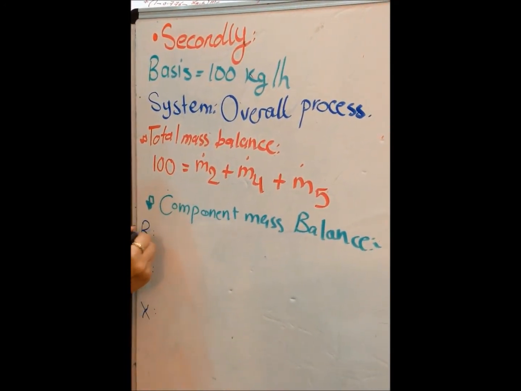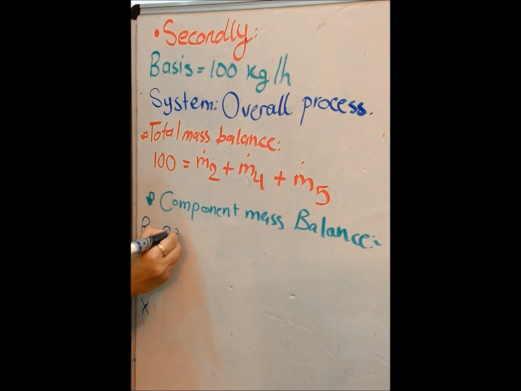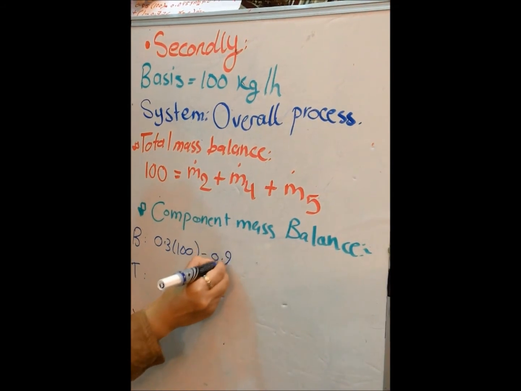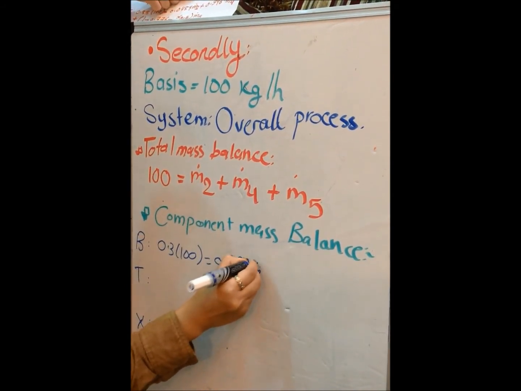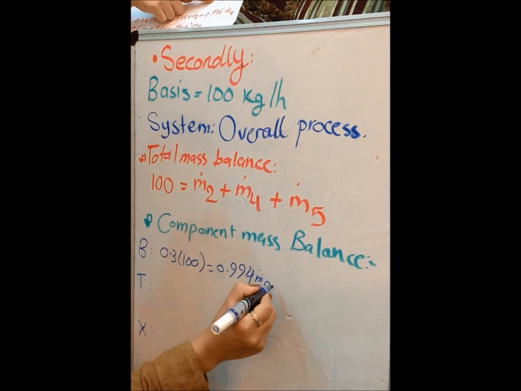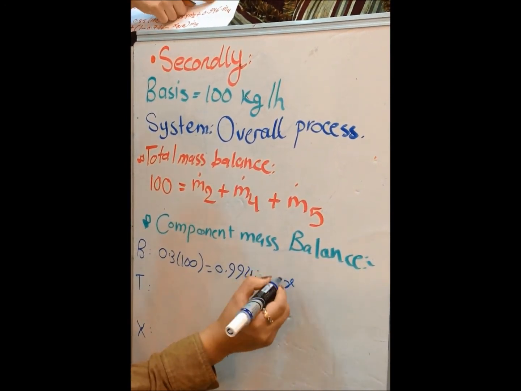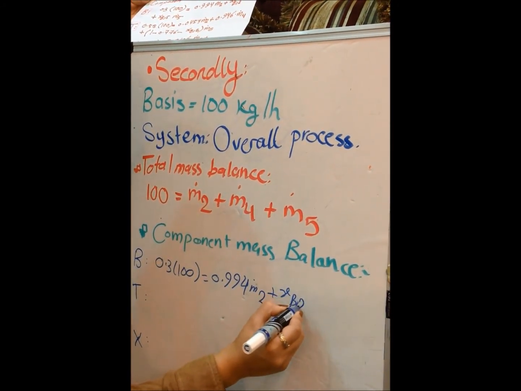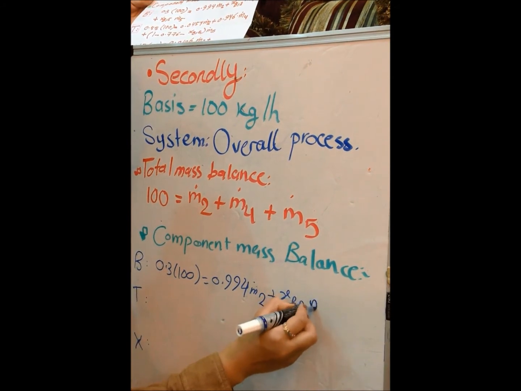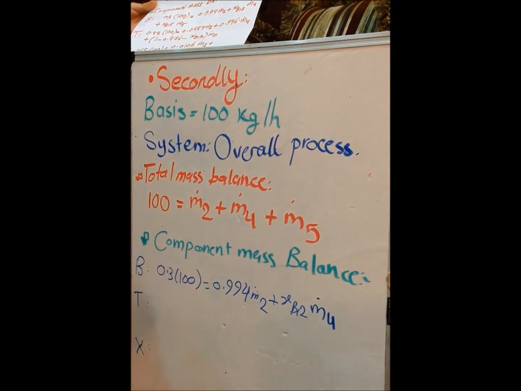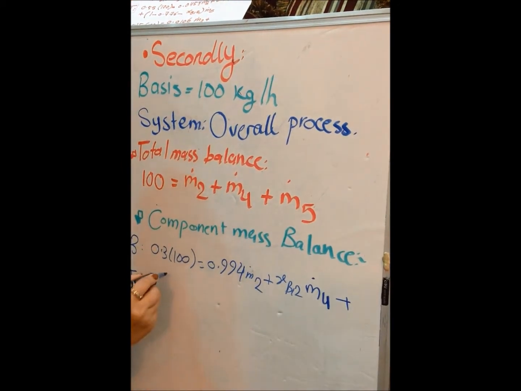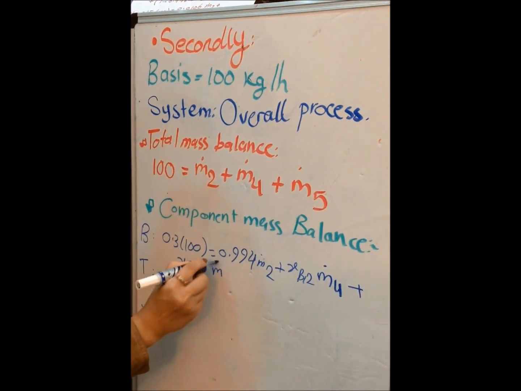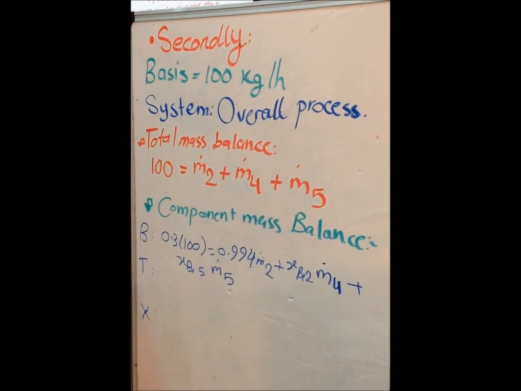The composition of benzene in the first stream, 0.3 times 100, equals 0.994 times the mass flow rate of stream 2, plus the composition of benzene in stream 4 times the mass flow rate of stream 4, plus the composition of benzene in stream 5 times the mass flow rate of stream 5.